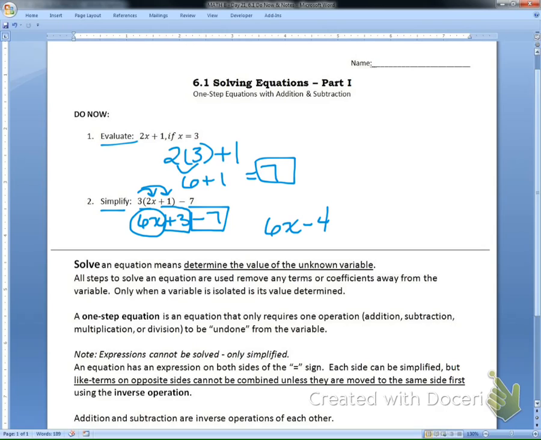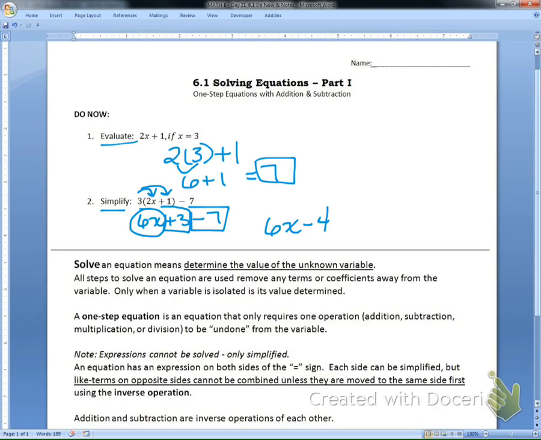Remember, expressions cannot be solved. All they can do is be simplified. But an equation has an expression on both sides. Each side can be simplified, but like terms on opposite sides of an equation cannot be combined unless you move them. You move the like terms so that they're on the same side together.